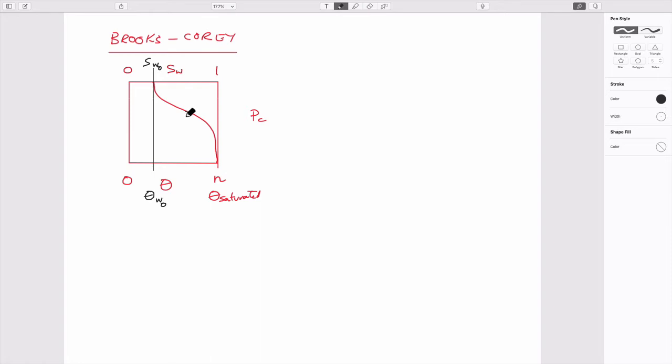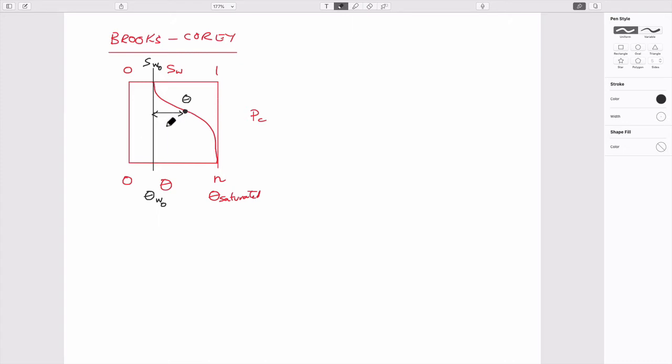And so if we were to find ourselves somewhere on this diagram, then we could identify this length here as being equal to, and we'll call this the actual moisture content, volumetric moisture content.